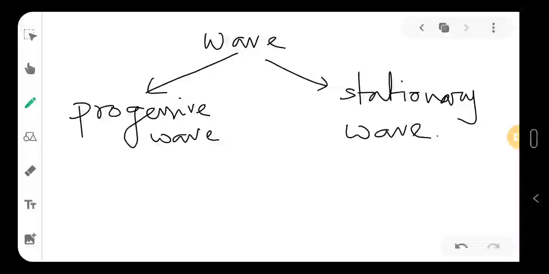So what is a progressive wave? A progressive wave is a kind of wave which propagates, because you can always look at the name progressive, that means it propagates. It is not a wave which stands in a place. Yes, the energy is transmitted in both of these cases, but if you look at the wave you can realize that the whole shape of the wave is propagating.